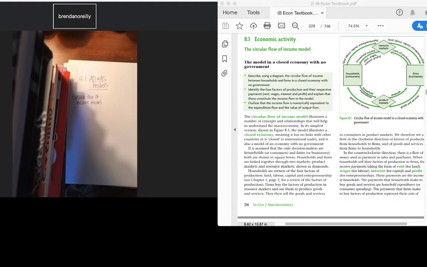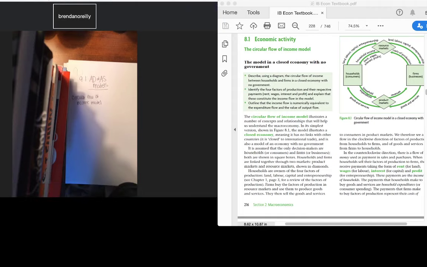As you can see in the model, there are four big blocks: the resource market, the product market, and households and firms. Each arrow demonstrates how resources and products flow from one to the other.